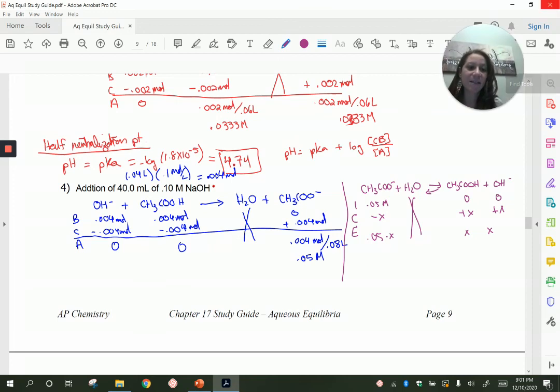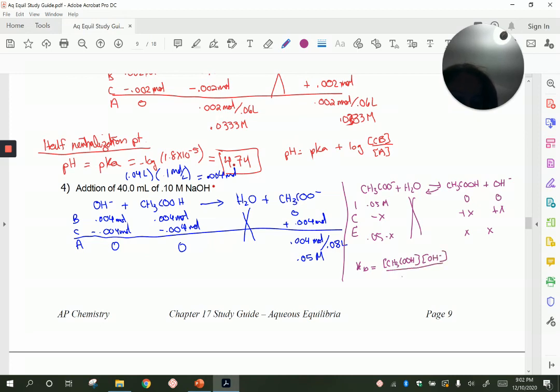Now watch out, because this is basic, we've got to use the Kb expression, not the Ka. So Kb is going to be the concentration of the acetic acid times the OH minus over the acetate ion.